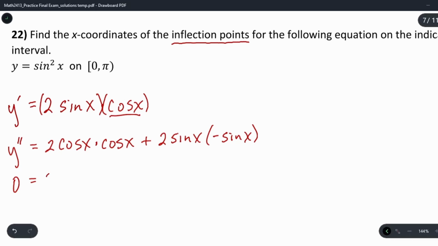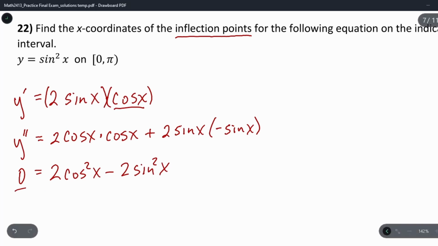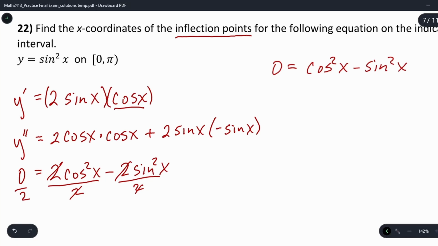Simplifying is going to give us 2 cosine squared x minus 2 sine squared x. Next, I want to divide through by 2 just to simplify this equation some, getting rid of those coefficients of 2. That's going to give us 0 equals cosine squared x minus sine squared x.